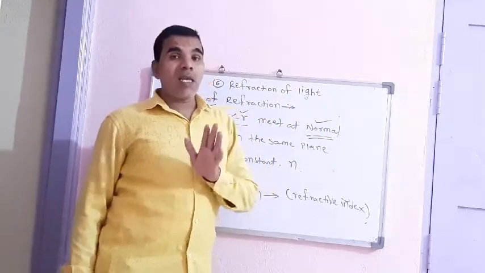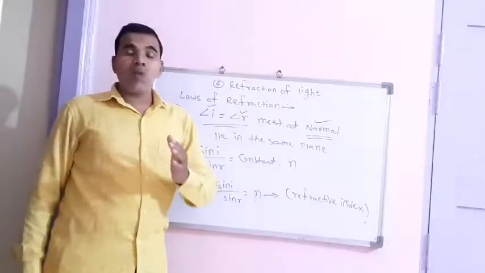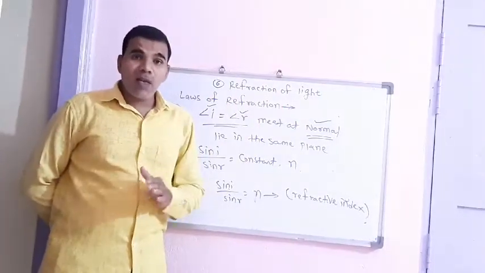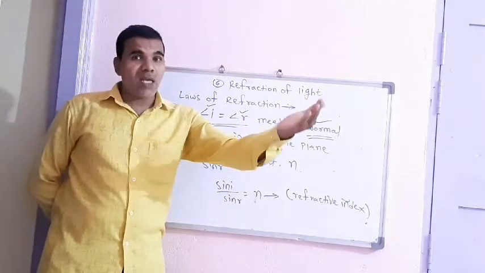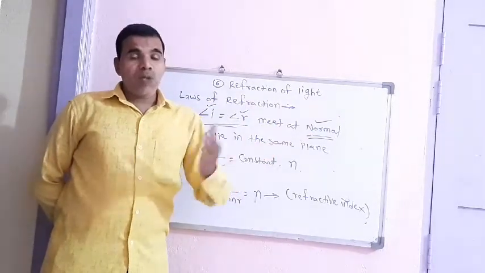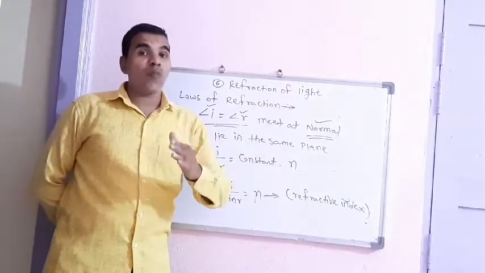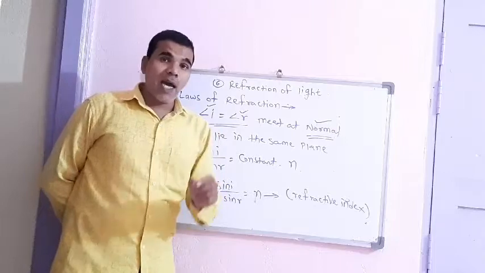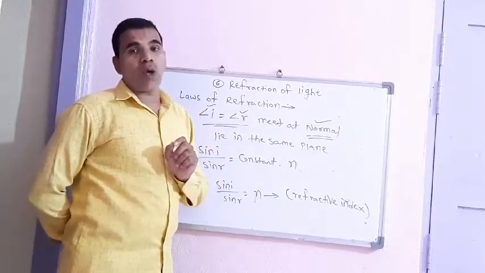The rays come from the sun, the incident ray, fall on the earth and are sent to the opposite side. They meet at a point, and this point is known as the normal.